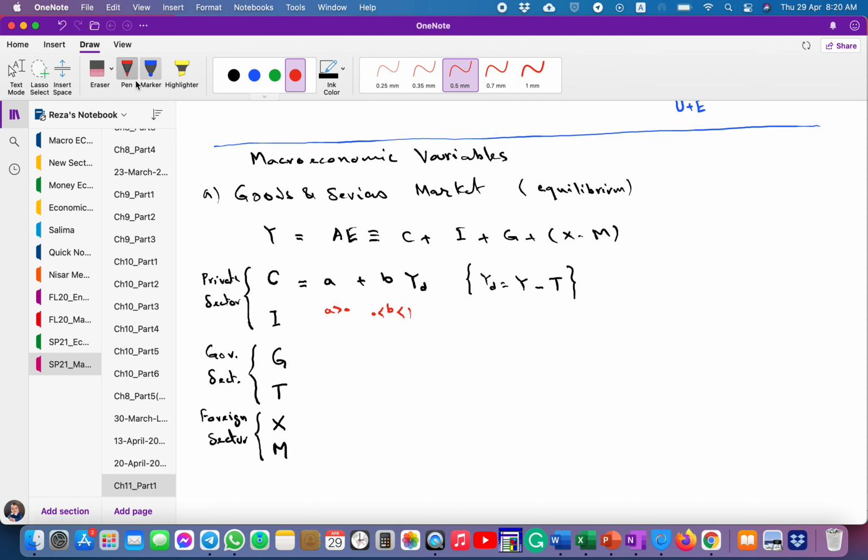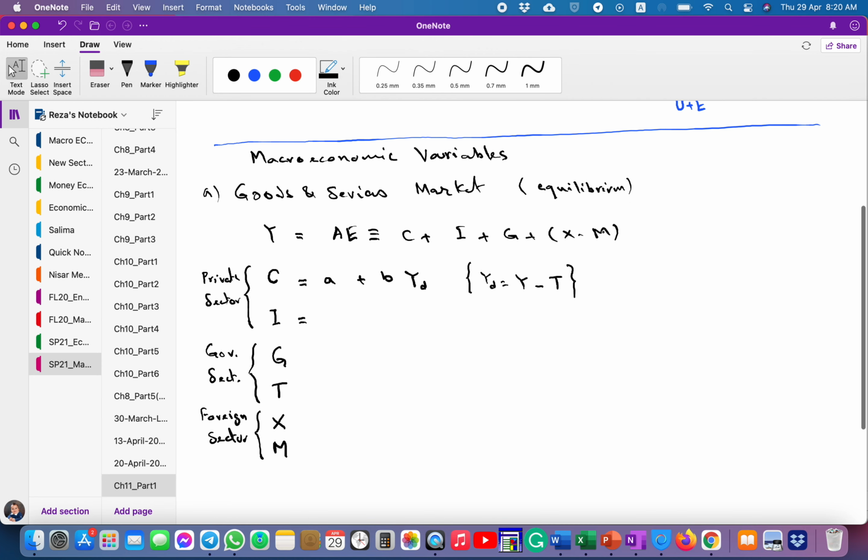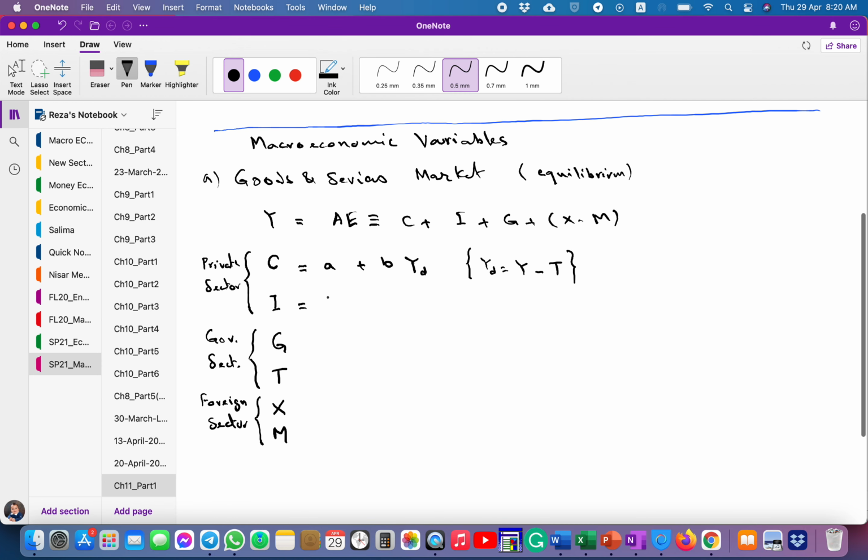So I'll wipe them because I need space here for the I. So that was the theory. With the investment, if the price is considered fixed, actually there's only one autonomous investment.